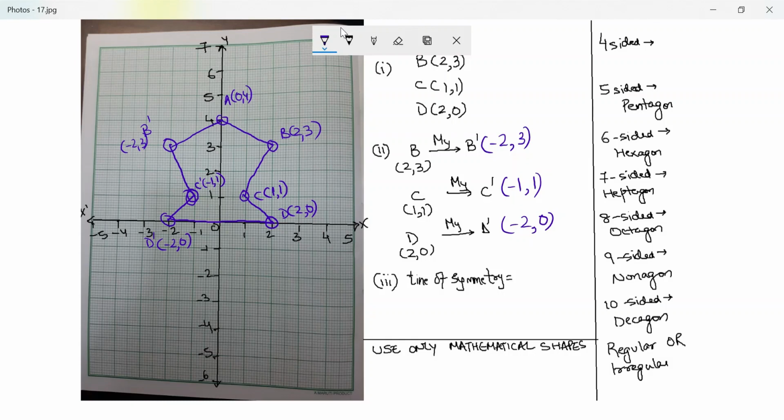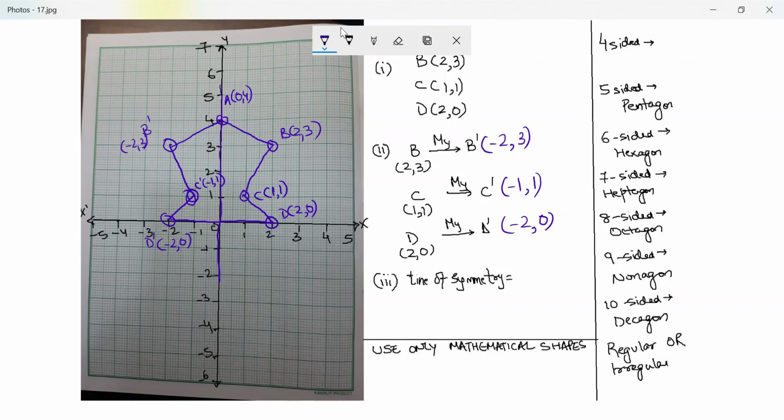Write down the equation of the line about which, if this closed figure obtained is folded, the two parts of the figure exactly coincide. So you will notice that the y-axis is the line of symmetry. Though symmetry is not in your syllabus this year, this is basically the line on which, if you fold this, these 2 points will exactly coincide, because basically we've reflected B, C, and D on the y-axis.